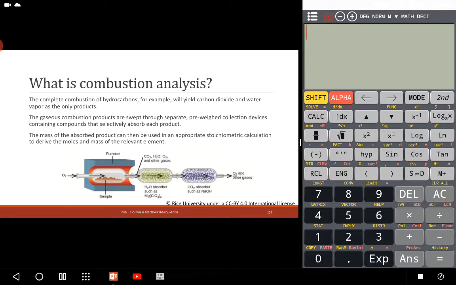And then the other gases will come off. If we know the mass of this originally, we can do some subtraction in order to figure out what amount of this original sample was due to other elements within the sample.